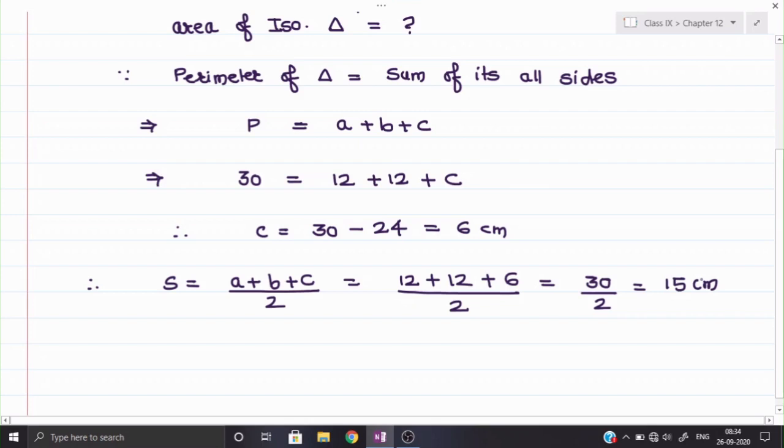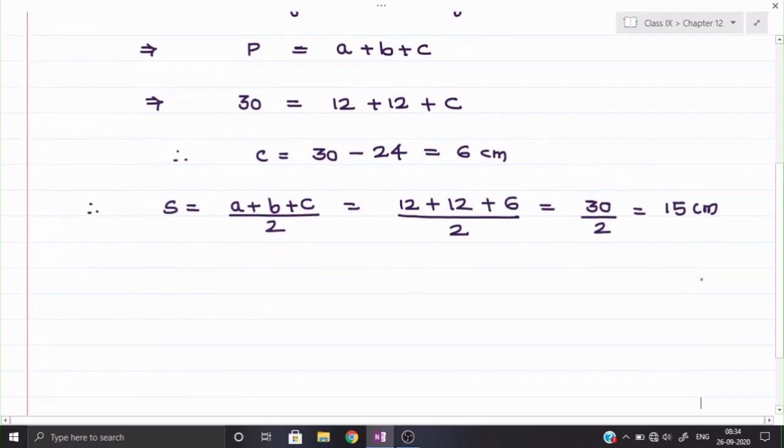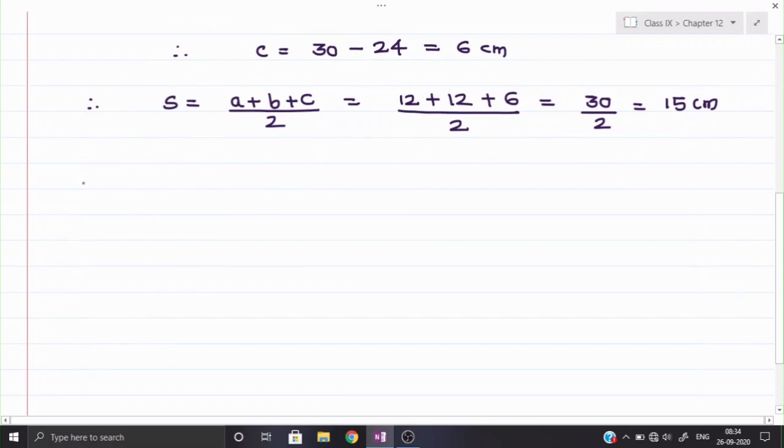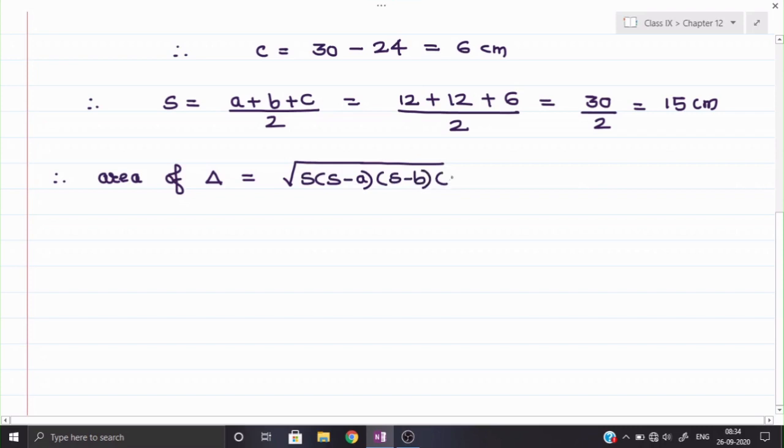Okay, let us find out the area now. So we can say that the area of the triangle is equal to, let us write down the formula first, so it will be easier for us to put in the values. So the formula is square root of S into S minus A into S minus B into S minus C. Okay, now put the values in the formula.